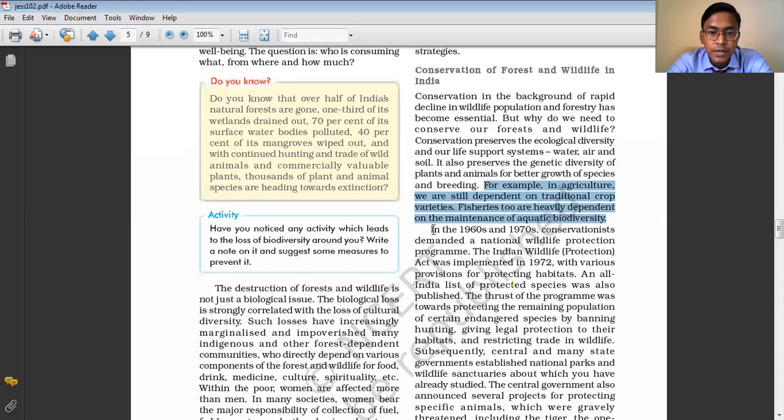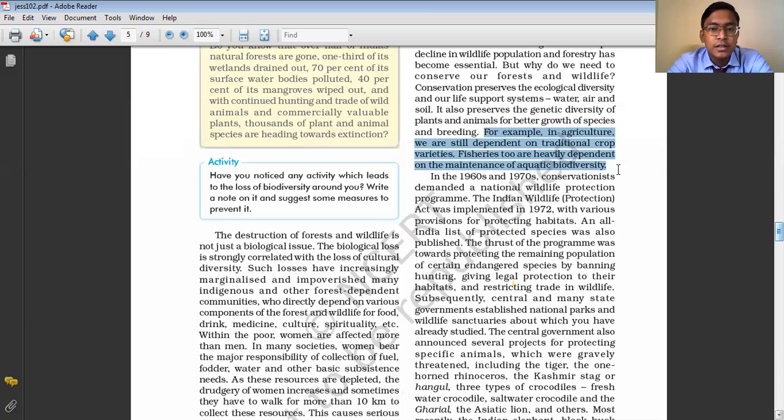Various strategies have been adopted by the government of India to protect the forest and wildlife resources. In the 1960s and 1970s, the environmentalists and conservationists demanded that a national wildlife protection program be implemented by the government, through which protection could be given to the forest and wildlife resources.